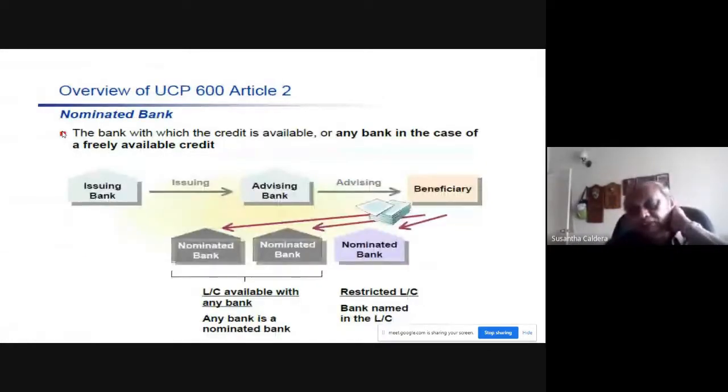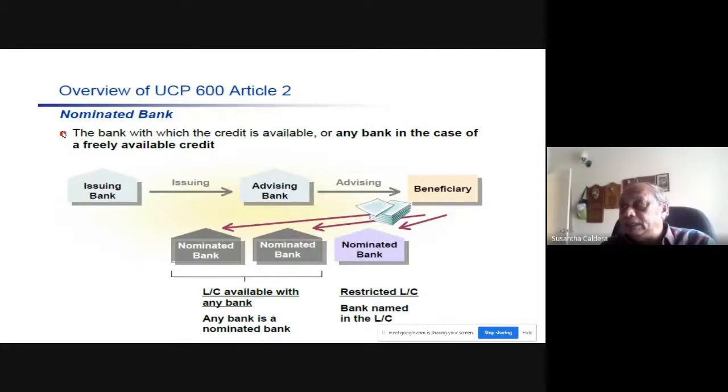Nominated bank. What do you mean by nominated bank? The bank with which the credit is available, or any bank in the case of a freely available credit.